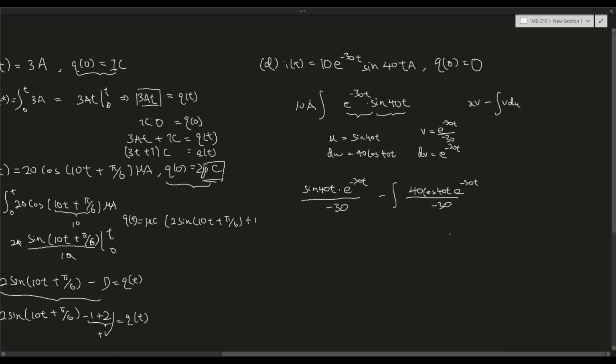Okay. Now, same format. Let's do the integration by parts for this thing again.